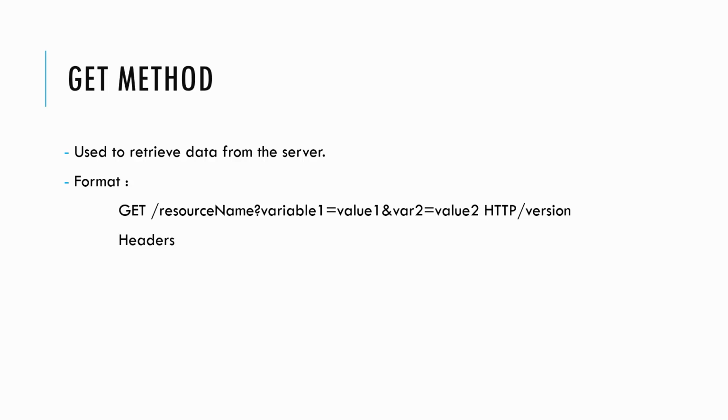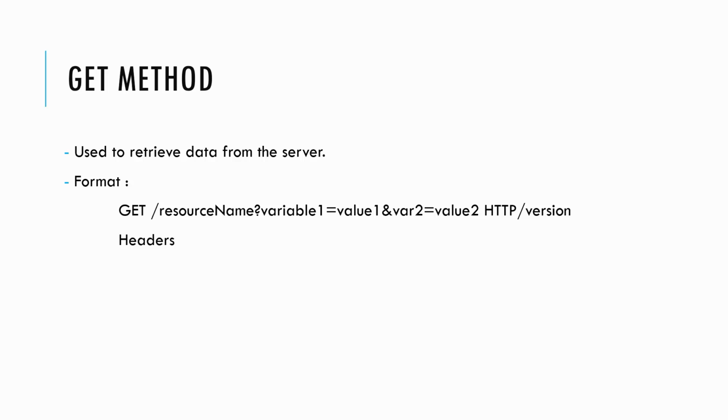We have the word GET, space, the resource name. Now if there are some variables that we need to send along with the name of the resource, then those are included in the resource name. Next we have the HTTP version, which is written as HTTP/ then the version.